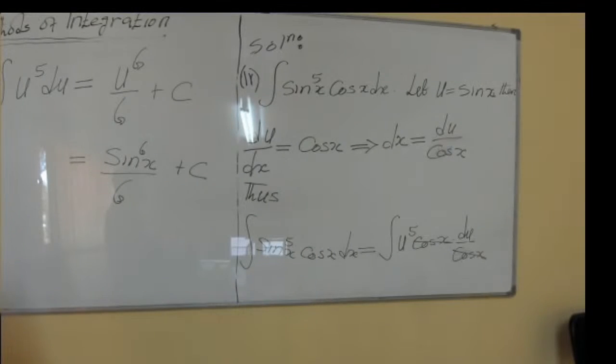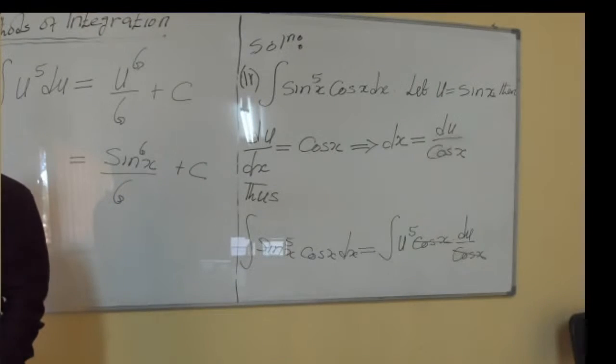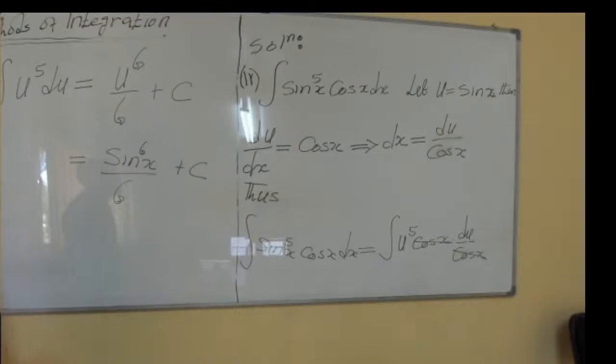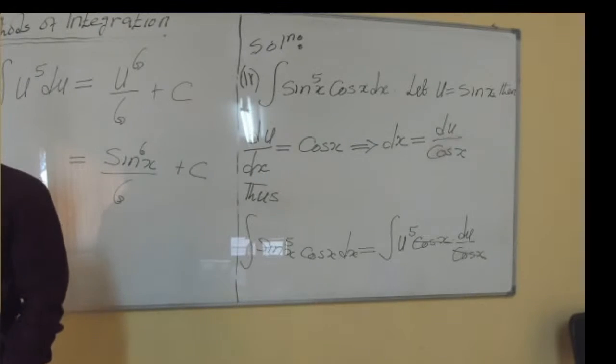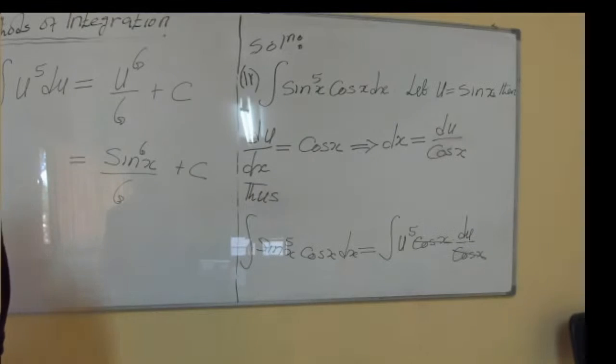You just need to look at the question itself and ask: if I choose this to be my u, what will happen to the end result? Am I going to arrive at a situation where I can integrate directly using the general formulas we learned, or will it give me another step where I need to do the substitution again? You may do it twice, thrice, 100 times. So you need to look at that.